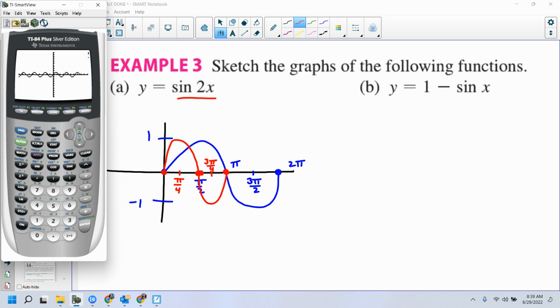I should have done sine of x along with it. Hold on a second. Let me go back and do sine of just x, because that way we can get a good base, sine of 2x. Okay. So the first thing that we're going to see should be the blue. Here's the blue. Here's the red.